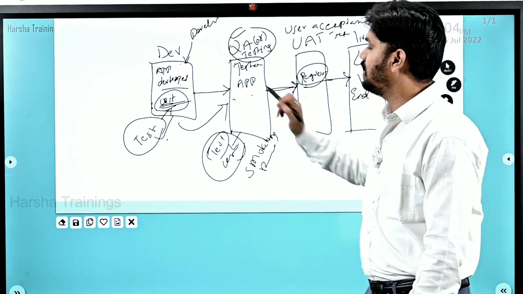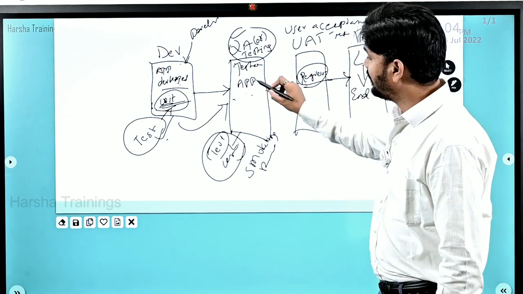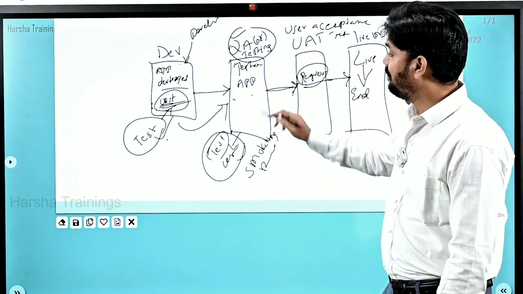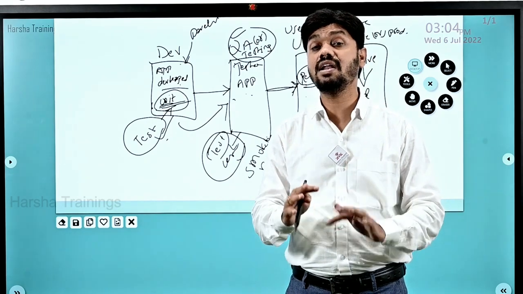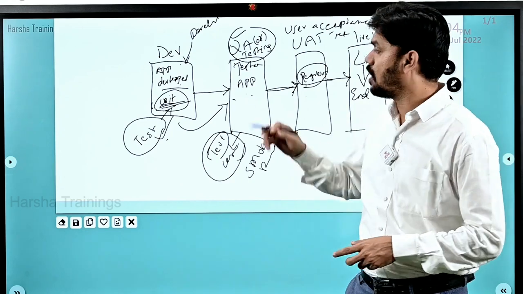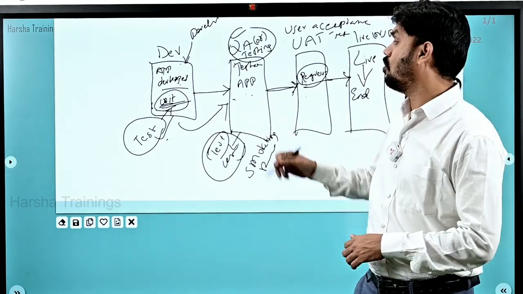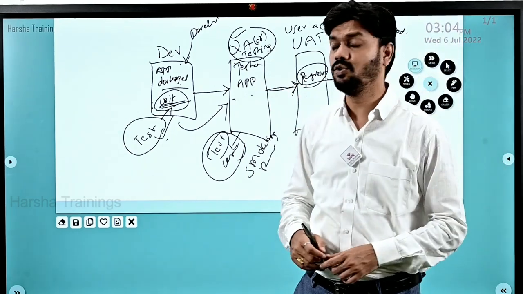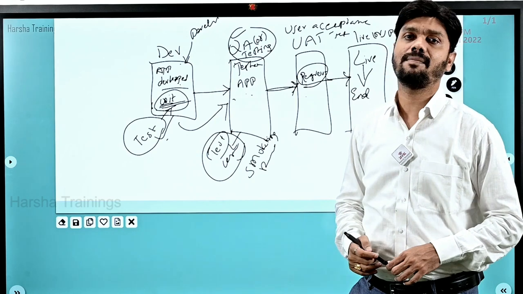At the time when they are testing, if they find that some functionalities are behaving unexpectedly, meaning the expected behavior has not been delivered by the developer as output, QA people are going to raise this and tell this information to the developers.